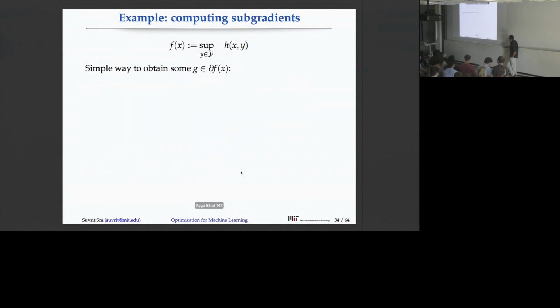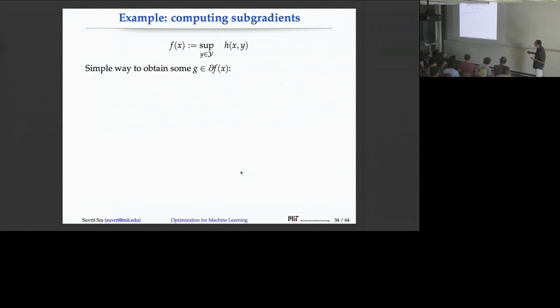Okay, so I think I'm going to have to wrap up soon, but I wanted to mention one example to show you that computing subgradients is easy. Look at that. f of x is a supremum, one of our friends, a supremum over an arbitrary family. And you want to compute some subgradient. The set of all subgradients is denoted by that partial of f.